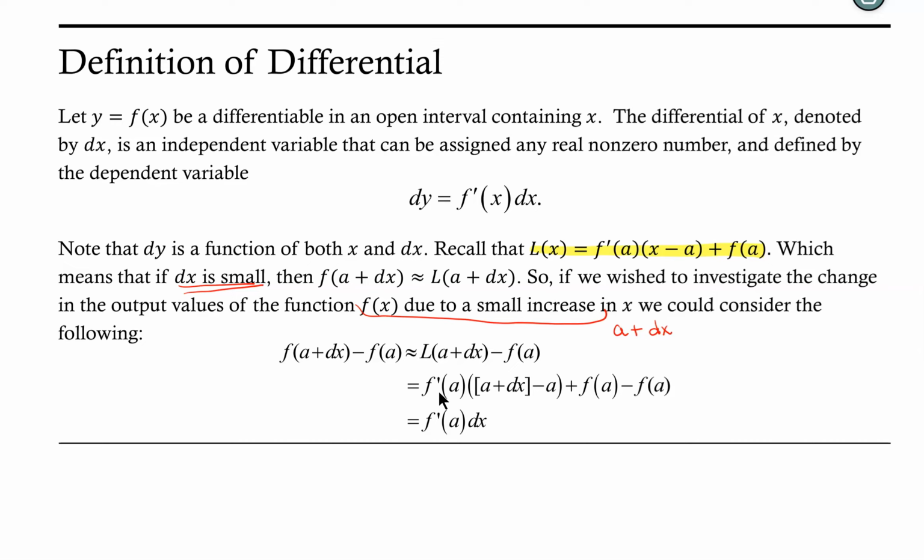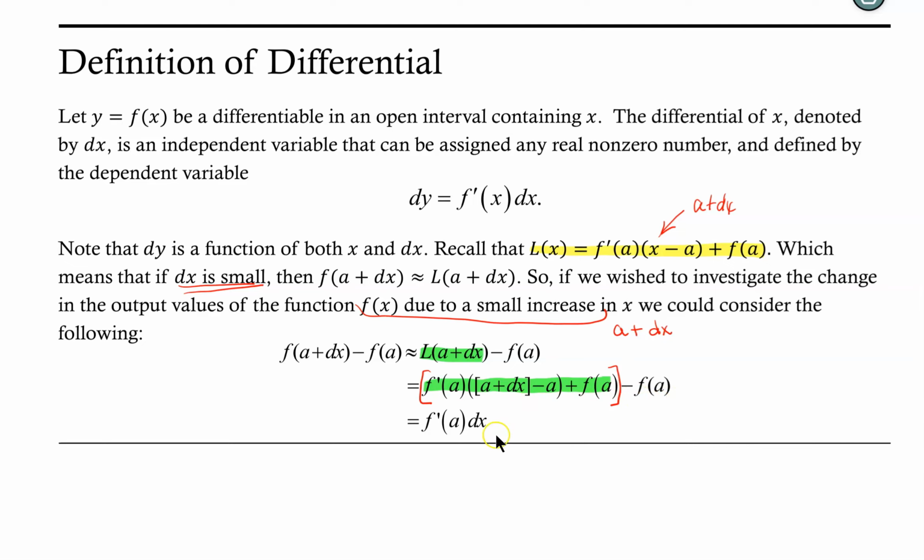Notice that we have f prime of a, and in place of our x, we are inserting a plus dx, because we're interested in what's happening when we increment a small amount, so a plus dx minus a, plus f of a. So all of this here corresponds to L at a plus dx minus f of a.